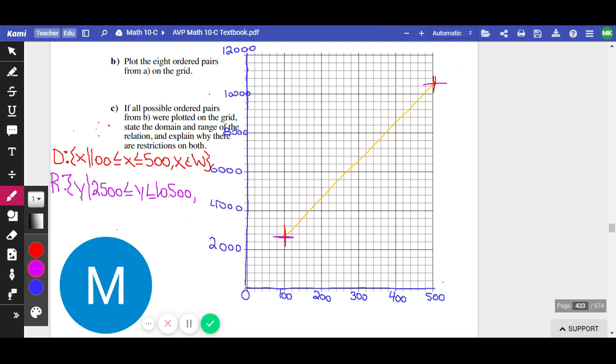It was always going up by 20. So is it then possible to get a decimal knowing you're only going up by 20s? No, you're always going to have a whole number. y is an element of the wholes. And that would be your domain and range.